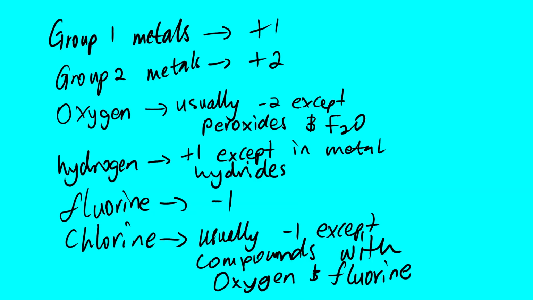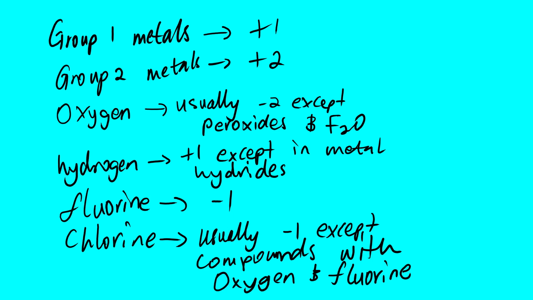Before we get to the core of this lesson video, there are a few things that we should take note of. All the elements in group number 1, I'm referring to metals, have an oxidation number of 1 plus. Group number 2 metals is 2 plus. Oxygen usually has an oxidation number of 2 minus, except in peroxides and oxygen difluoride.